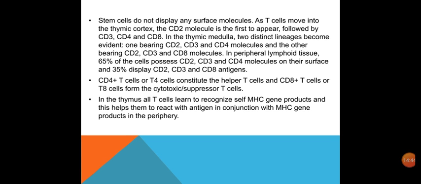In peripheral lymphoid tissue, 65% of the cells possess CD2, CD3, CD4 molecules on their surface, and 35% display CD2, CD3, and CD8 antigens. CD4 positive T cells or T4 cells constitute the helper T cells, and CD8 positive T cells or T8 cells form the cytotoxic or suppressor T cells.